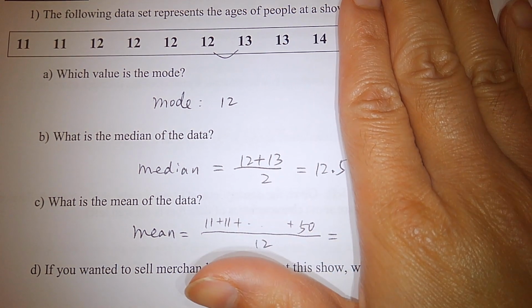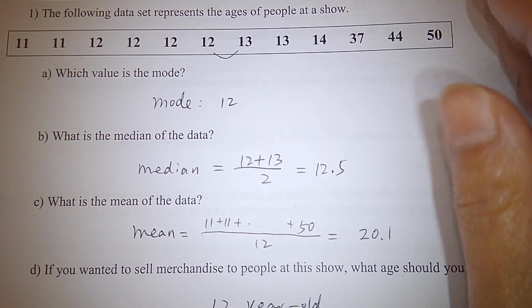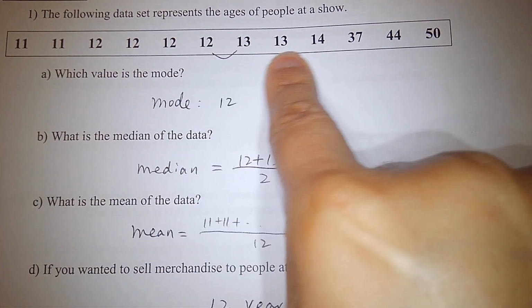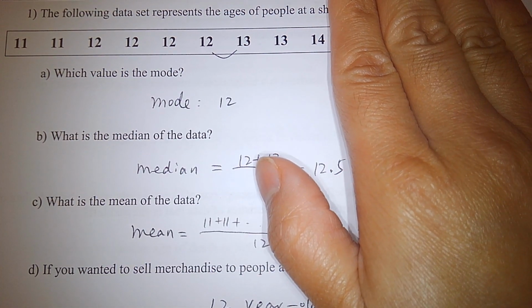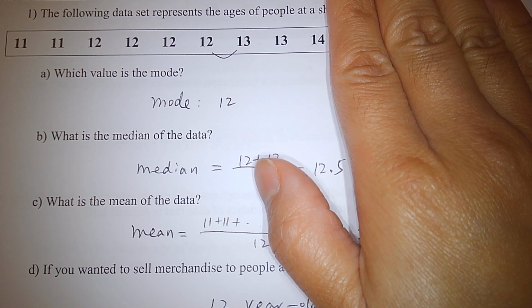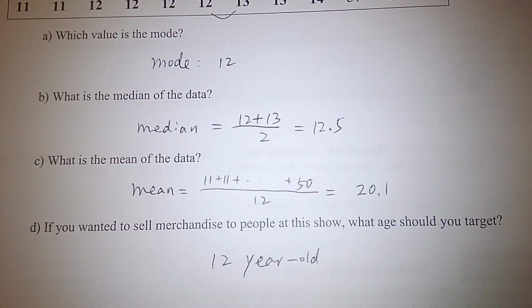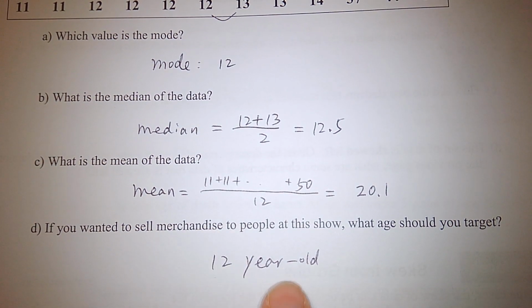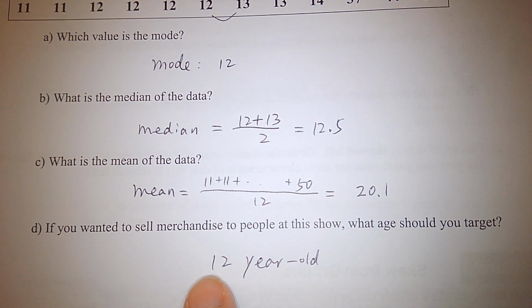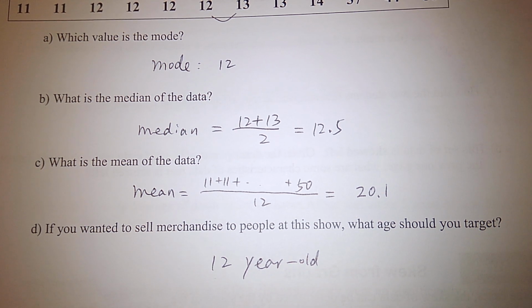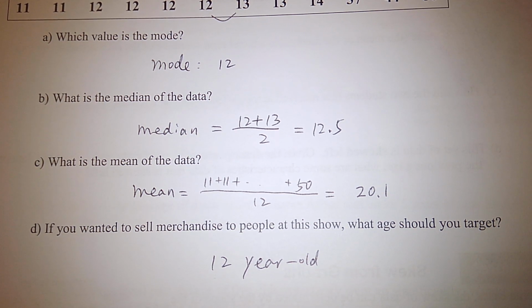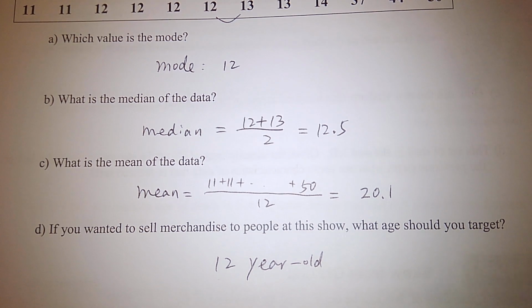No. Out of the 12 data values, 9 are under 15. Most of them are 11, 12, and 13. So you want to target about 12 years old, preteens. Okay, so that is this problem.